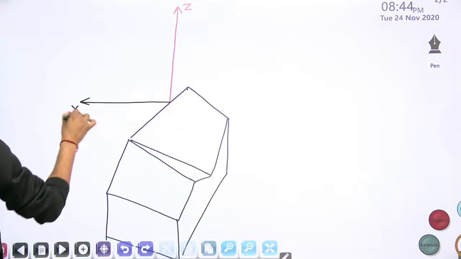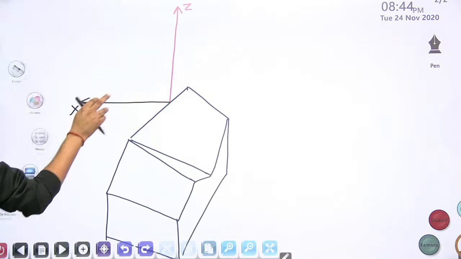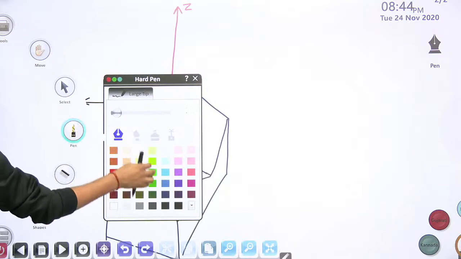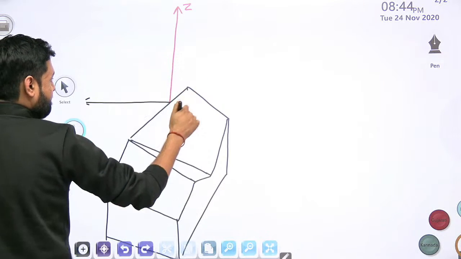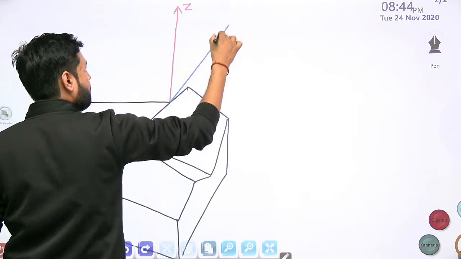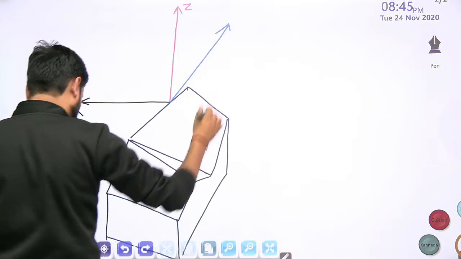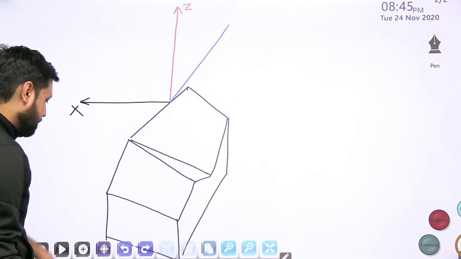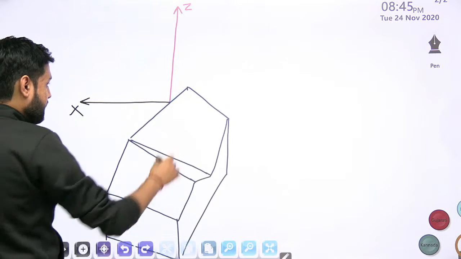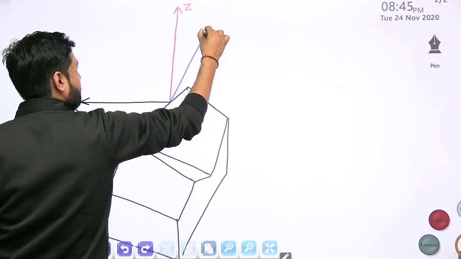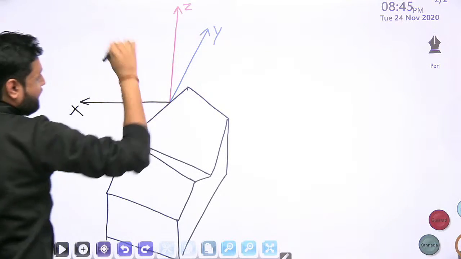This is your x axis, and let me choose one more axis, that is going to be your y axis.